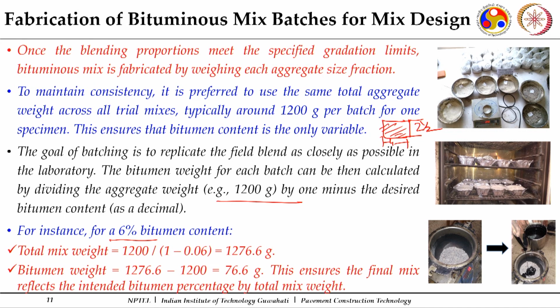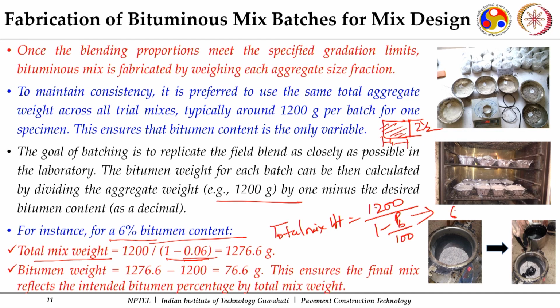Now, what it means is that if I have taken an aggregate of 1200 gram and I want a binder content of 6%, I need to work out the total mix weight. The total mix weight will be 1200 divided by (1 minus PB by 100), where PB is the percentage of binder.